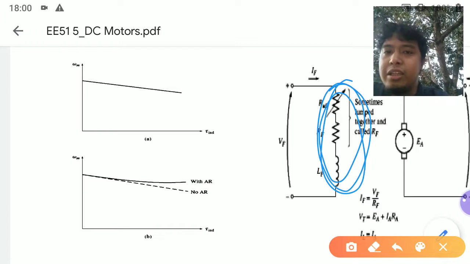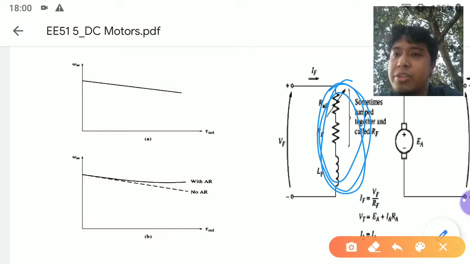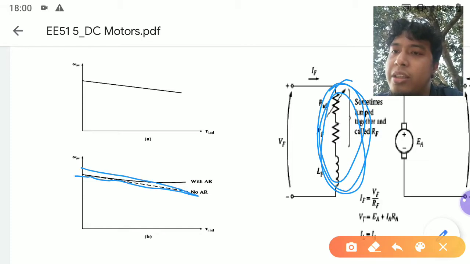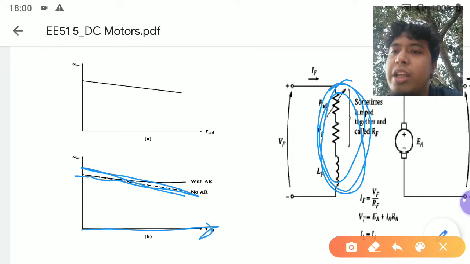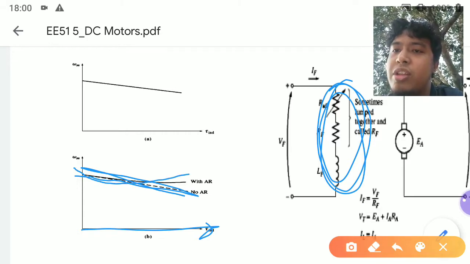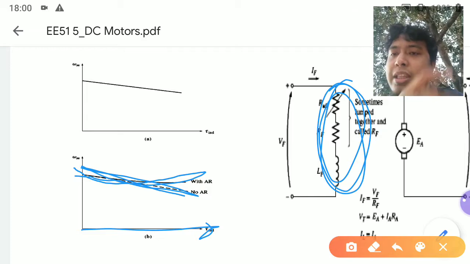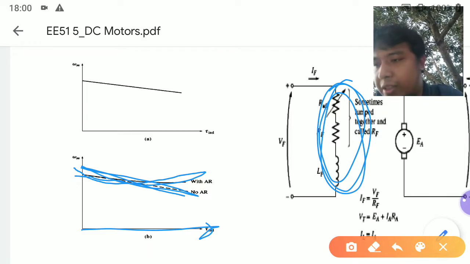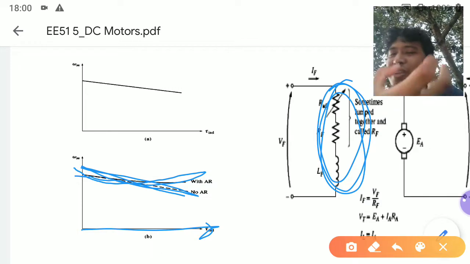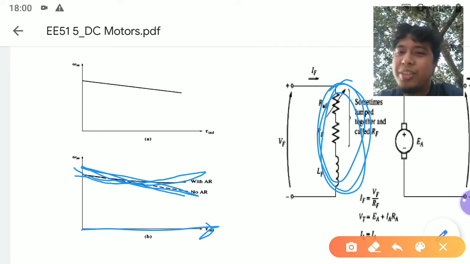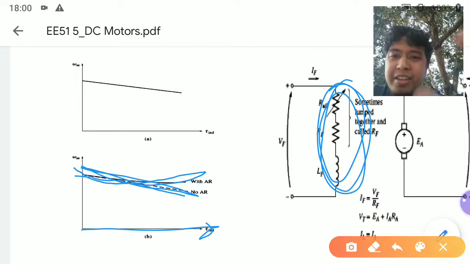That's why if you have an armature reaction, as you increase the loading, the armature reaction actually increases such that there is sufficient magnetic field to aid the machine supplementing the torque. So that's why you have a slight increase in torque. Okay, so I guess that's it.